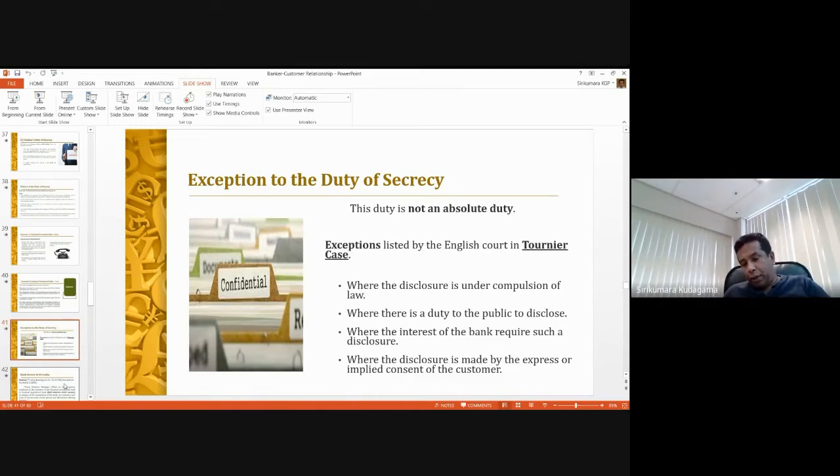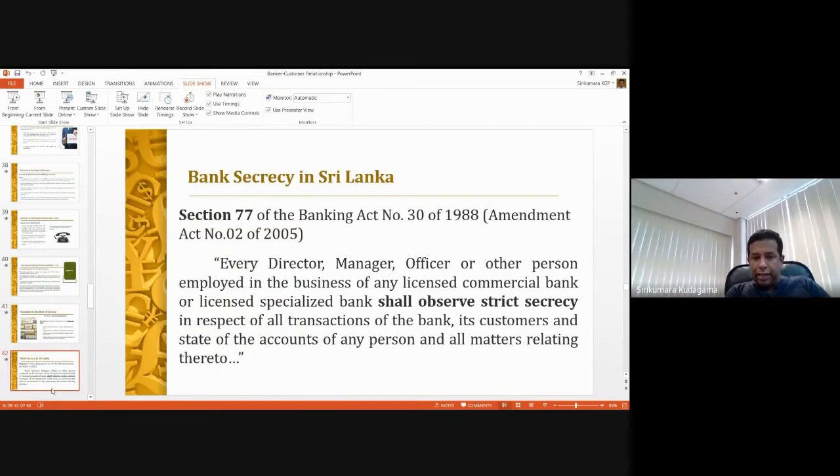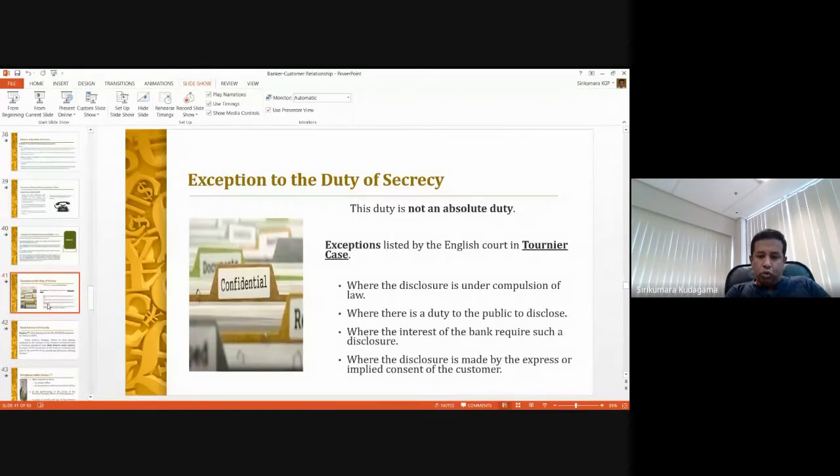And the last point is where the disclosure is made by express or implied consent of the customer. If the customer has expressly or impliedly consented, then the bank can divulge information to another party. That is what the exceptions say. Now, when I go through these four exceptions, sometimes certain things are not very clear.